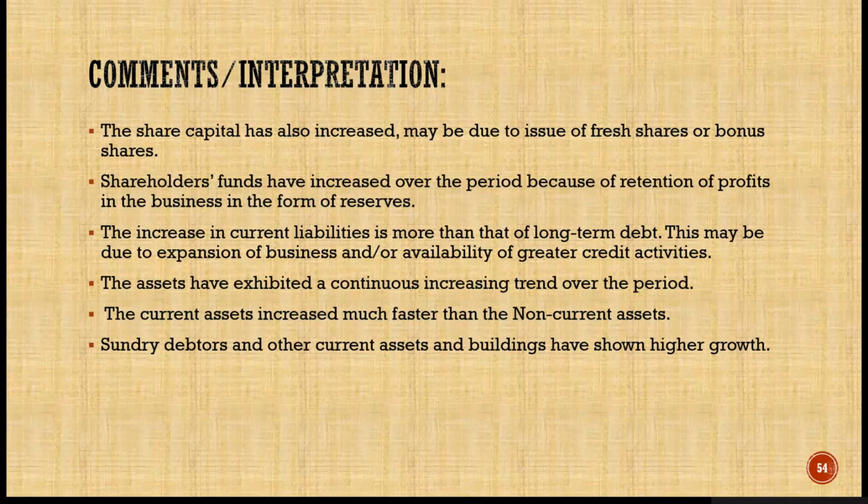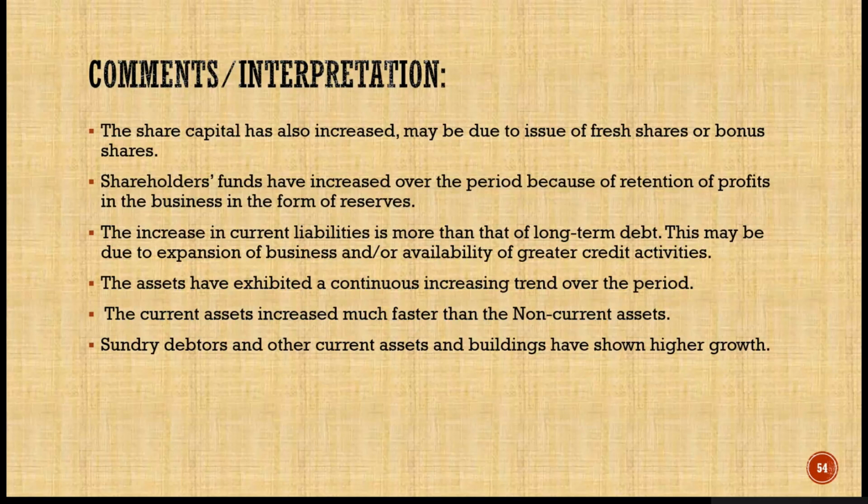Next is that the assets have exhibited a continuous increasing trend over the period. The current assets increased much faster than the non-current assets. What is this non-current asset? Non-current asset is fixed asset.